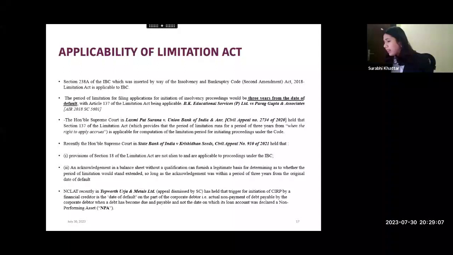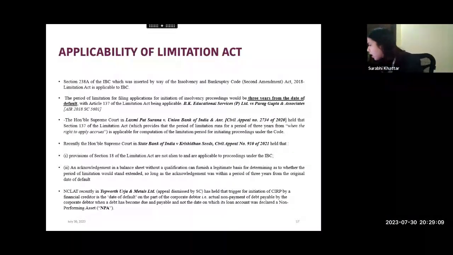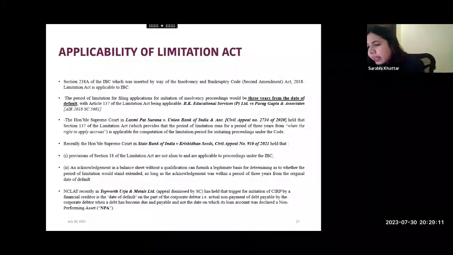It was also held in the case of BK Educational Services versus Parag Gupta that the period of limitation for insolvency proceedings would be 3 years as per Article 137 of the Limitation Act.